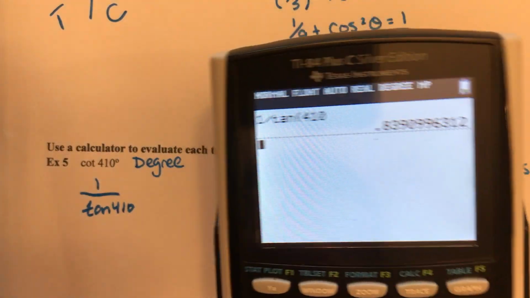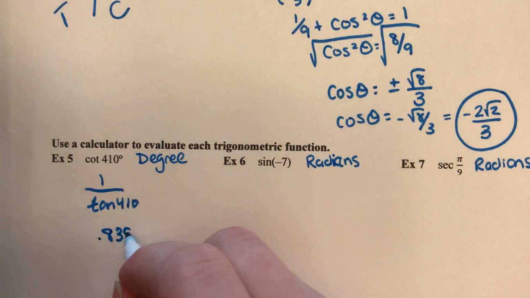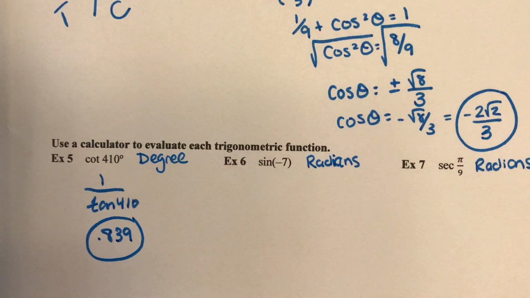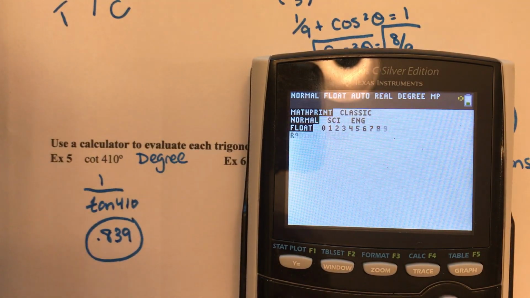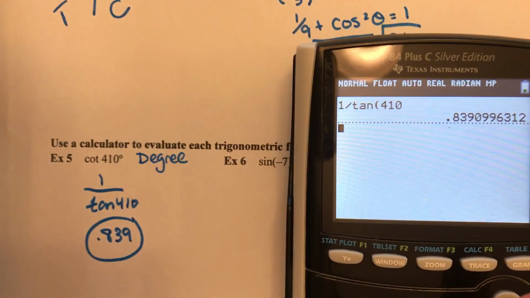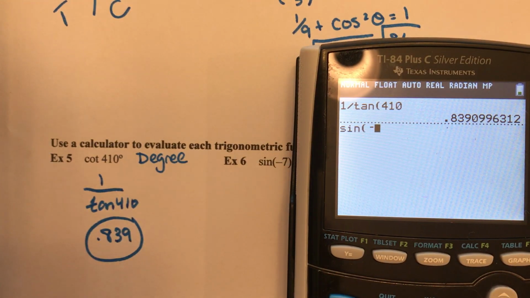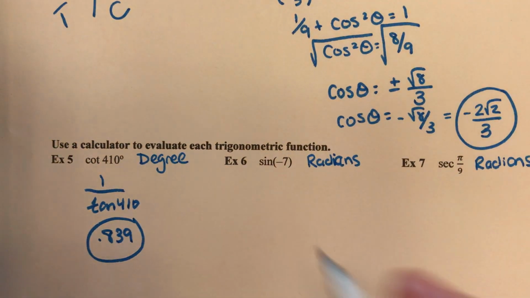And we'll do 3 places, so 0.839. Okay, so now for 6 and 7, I'm going to change my mode back to radians. And for 6, we have the sine of -7. So that's negative 0.657.